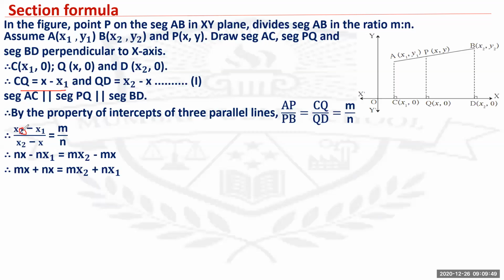So don't consider this 2. This is x minus x1 upon x2 minus x equals m upon n. So then you'll get nx minus nx1 equals mx2 minus mx.